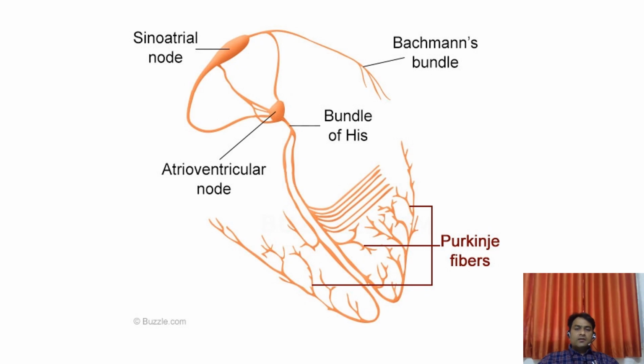From the AV node arises the bundle of His. From the bundle of His, the right and left bundle branches arise, and then the Purkinje fibers, which supply the respective ventricles.